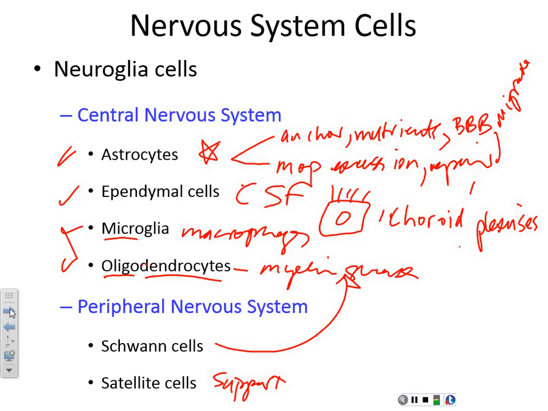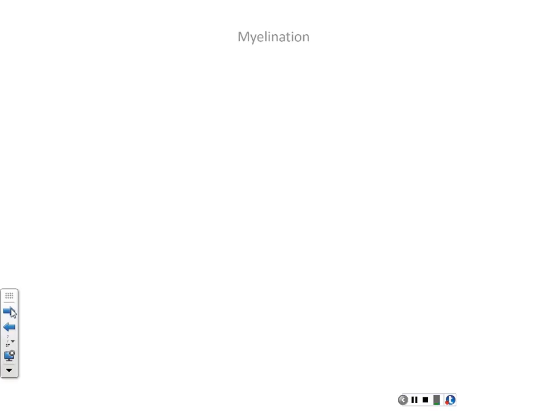So whenever a cell body is in the periphery, it's called ganglia. When cell bodies are in the brain and central nervous system, they're called nuclei. Okay, very good. So these ones surround ganglia, support and nourish them. Cell bodies in the peripheral nervous system.